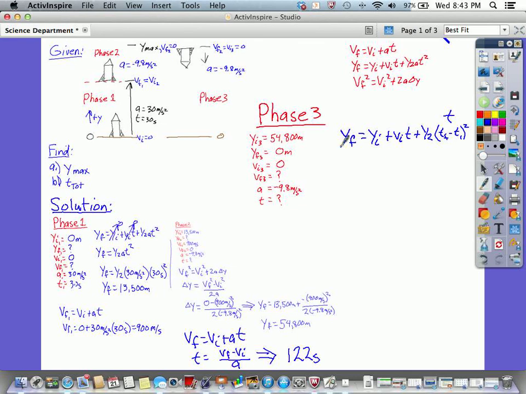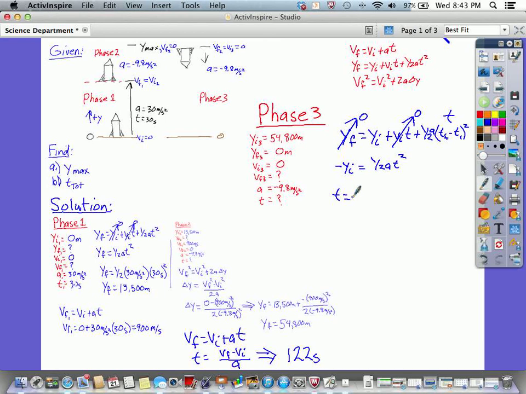So y final is 0, v initial is 0, so that term goes to 0. Now let's solve it for t. What I end up with is minus y initial equals 1/2 at squared.